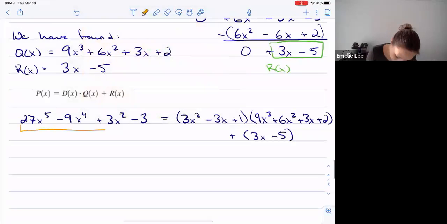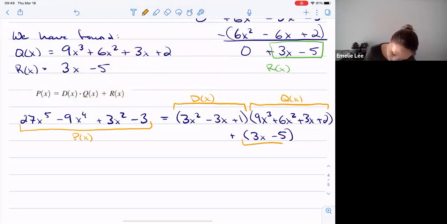So here, this is p of x, this is d of x, q of x, and r of x.